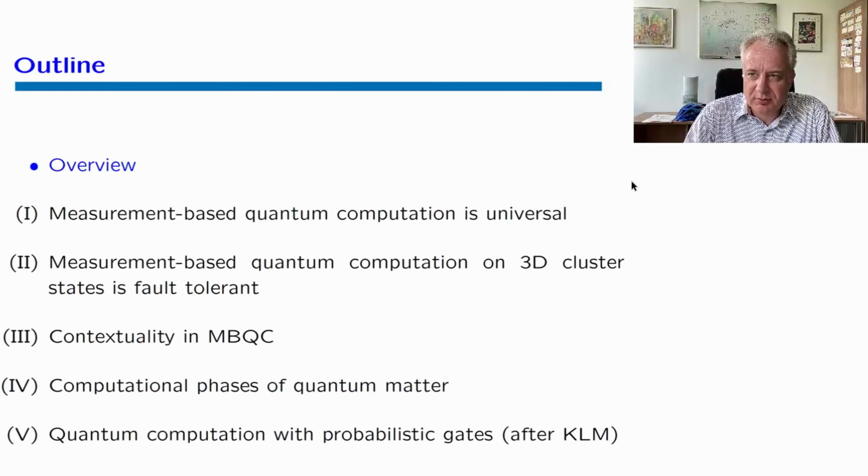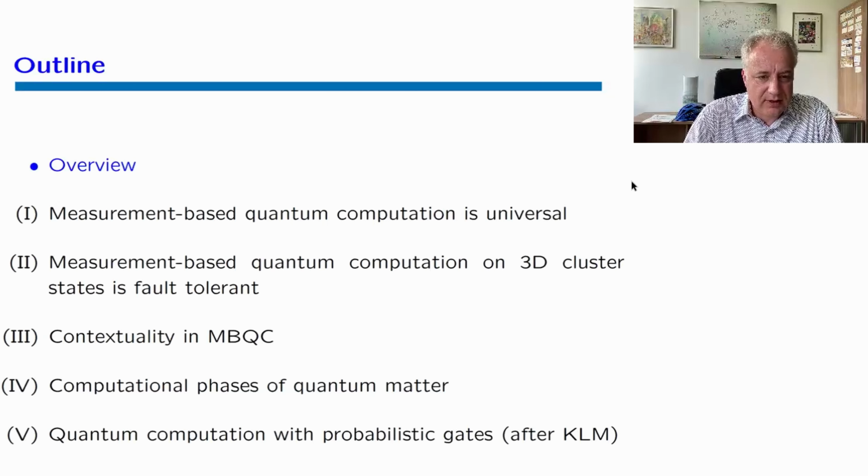The technical part we will do today is computational universality, the proof of computational universality. What comes thereafter is fault tolerance, then contextuality in measurement-based quantum computation. That's part 3. We already saw contextuality discussed in quantum computation with magic states, so here we have a counterpart for that.